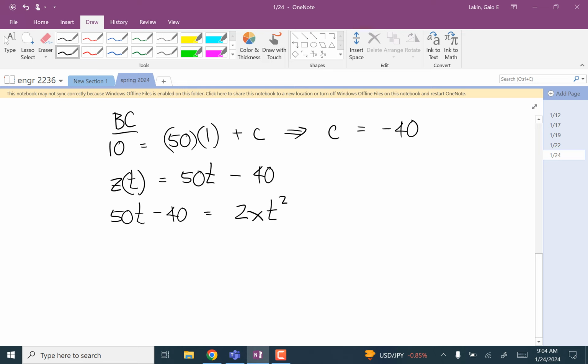And so, I'm dividing both sides by 2t squared. So you get 25 over t minus 20 over t squared. And that's your function x.